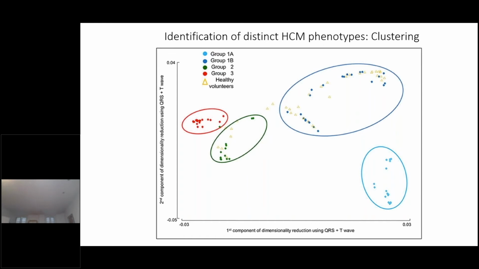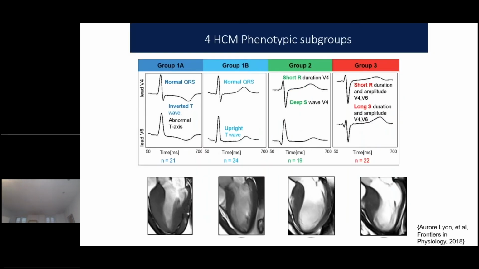And then when we go back to the anatomy as represented in the cardiac magnetic resonance images, each one of these phenotypes can be represented as their average electrocardiogram. Here are the 4 groups, and we see that this is well correlated with 4 different phenotypes in the CMR.